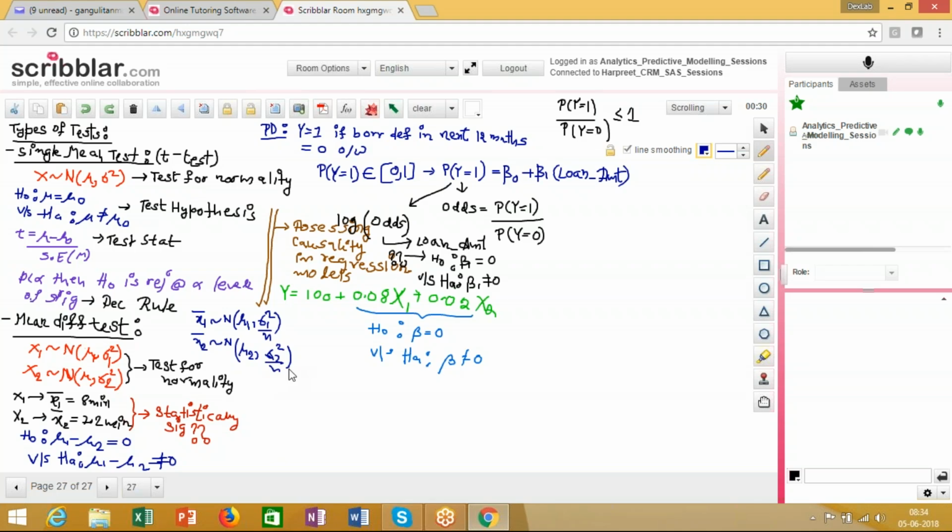Right. So these are the two sample means. Now we know that the two sample means are unbiased estimators of the population mean.